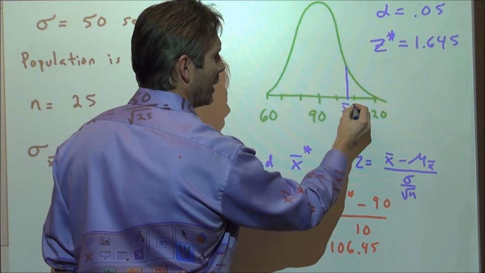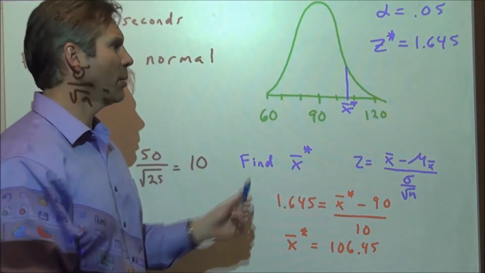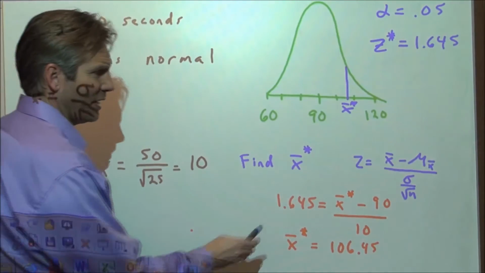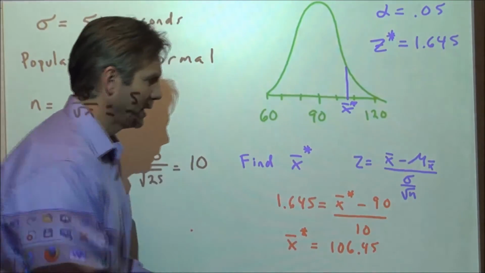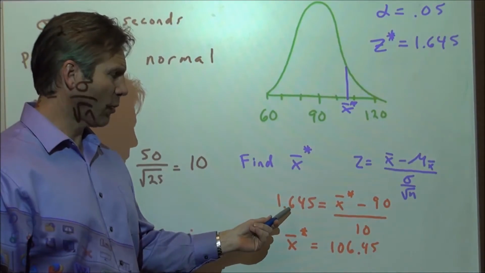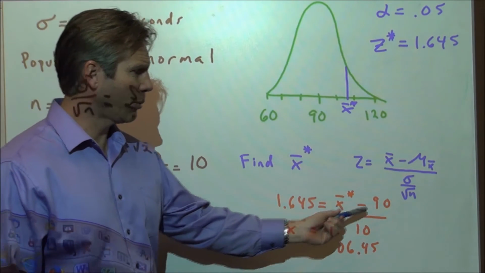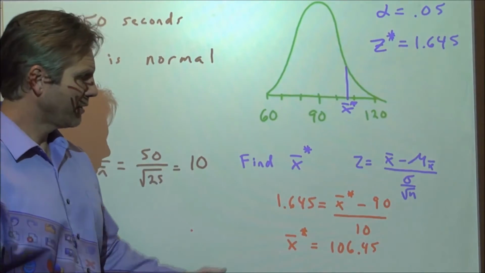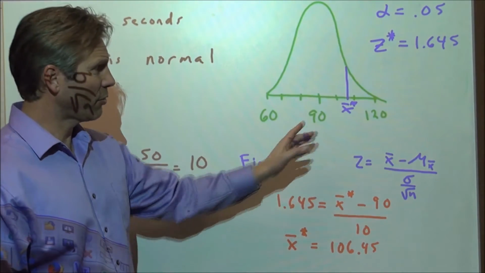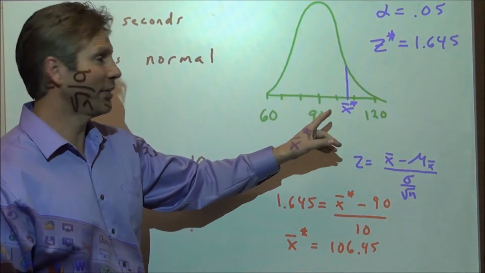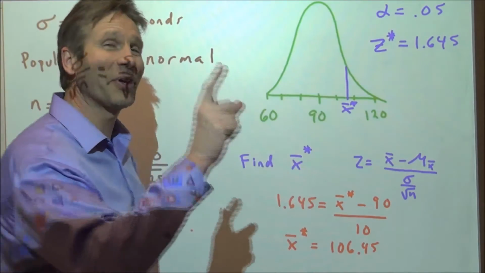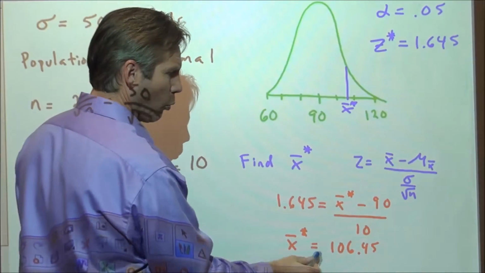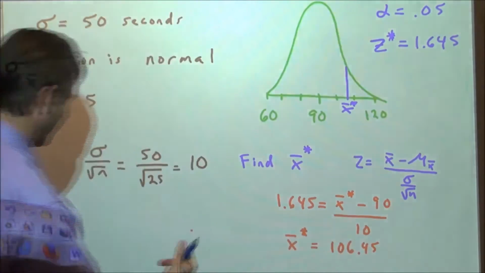What would the sample mean have to be so that you would end up being exactly 1.645 standard deviations above the mean? Well, that's an easy algebra situation. There's our z-score formula. If we plug in that desired z-score and we're trying to solve for x bar with a known mean of 90 and a standard deviation of the sample means of 10 seconds, then we can calculate that the critical sample mean where we would reject the null would be at 106.45 seconds.